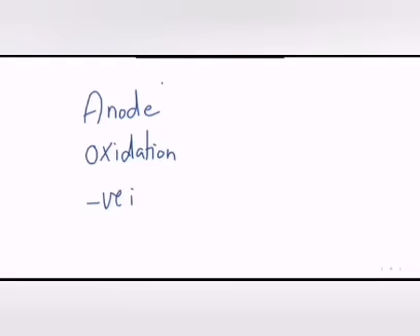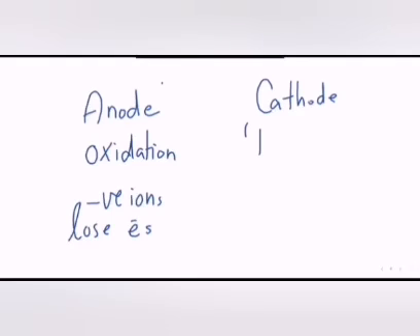Regarding the next chapter, but before going to the next chapter, I remembered something. During electrolysis, we observe that oxidation takes place at the anode, where negative ions lose electrons. And at the cathode, reduction takes place, where positive ions gain electrons.